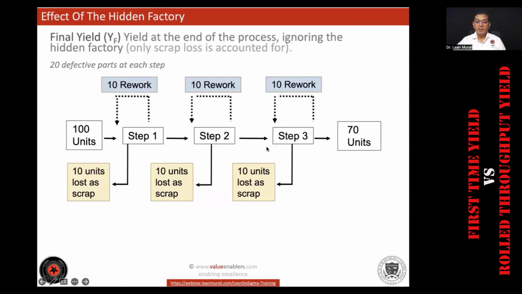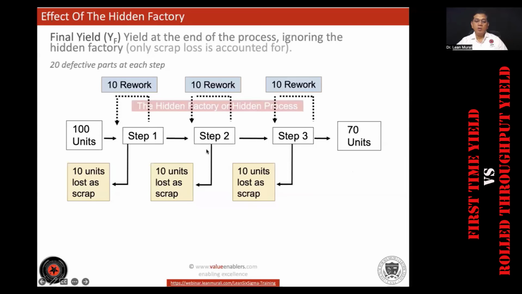Because whether you straight away scrapped it or you reworked it and put it back, the final yield consists only of scrap. It doesn't take into account the hidden factory or rework. That is the point that I'm trying to communicate here.